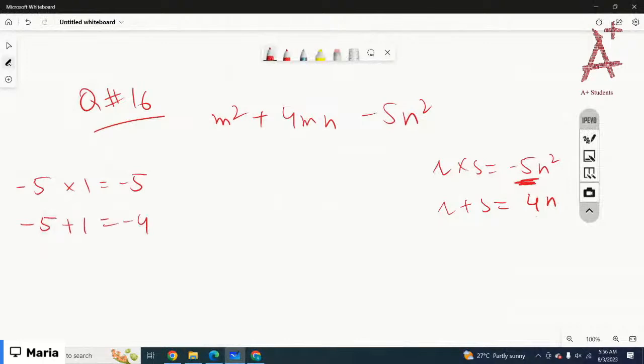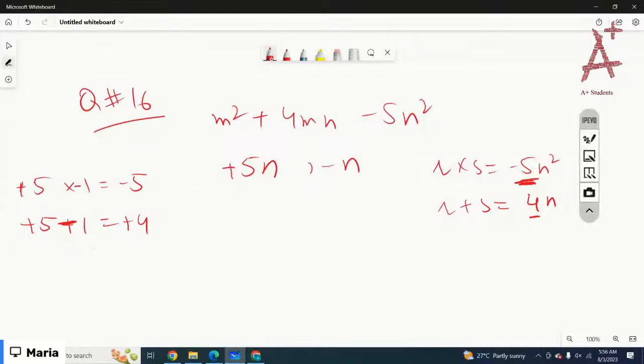But we just need positive 4. That means it is 5 and minus 1. 5 minus 1 is 4 and 5 times negative 1 is negative 5. So the factors are 5 and negative 1, right? So you can say they are positive 5 and negative n.